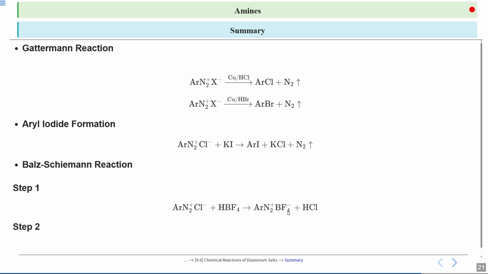Now in step 2, the actual fluorination happens. When we heat the diazonium tetrafluoroborate, it decomposes to give aryl fluoride, ArF, boron trifluoride gas, and nitrogen gas. So ArN2+ BF4- when heated gives ArF, BF3, and N2 gas.